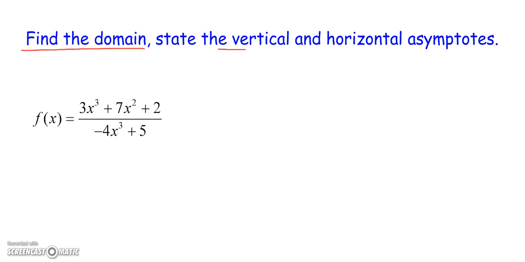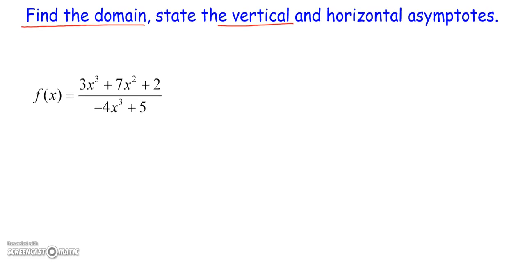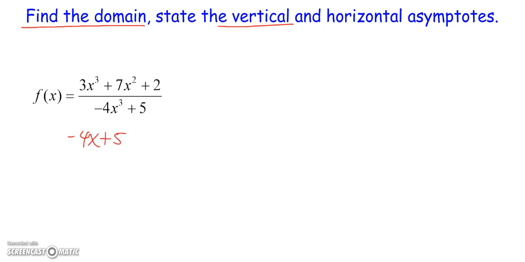Finding the domain is very similar to finding the vertical asymptotes, so it's almost the same question. The way you find the domain is you figure out what makes it undefined. Well, you're going to have to look at the bottom, set it equal to 0, and you're going to need to solve this. Well, minus 5, cross out.